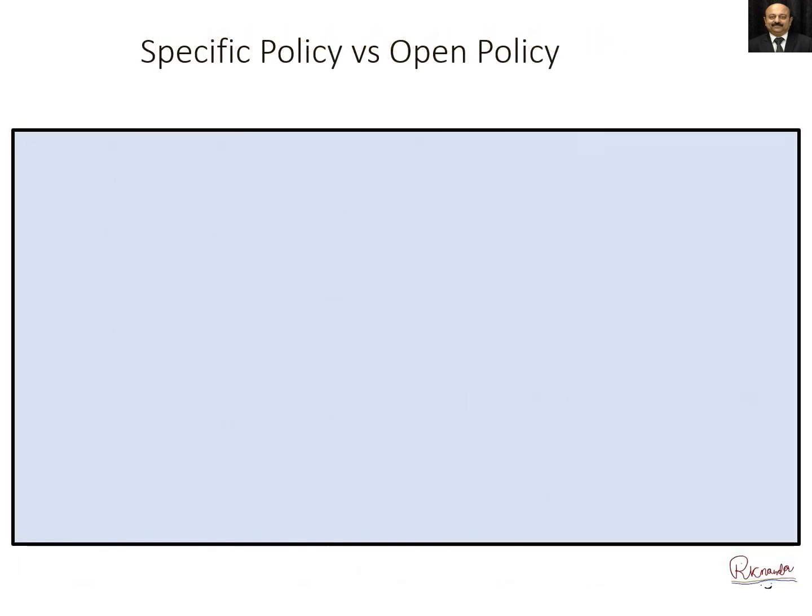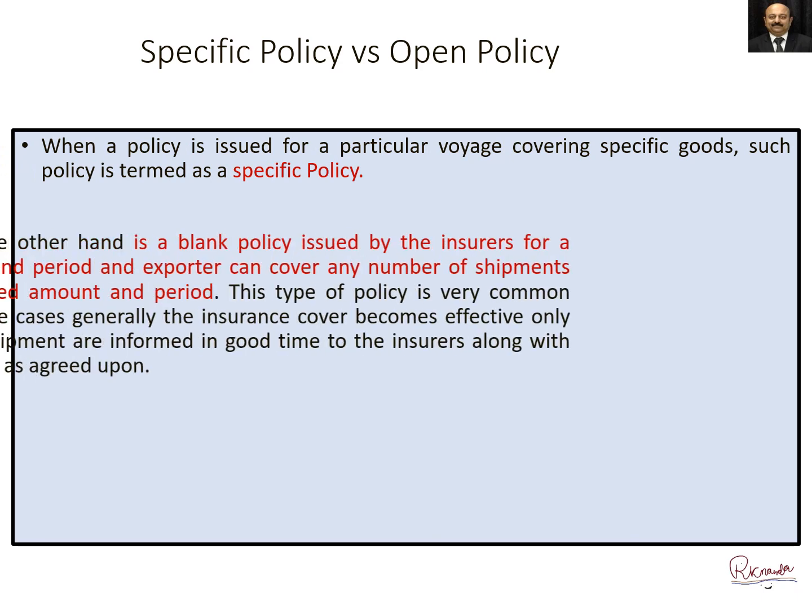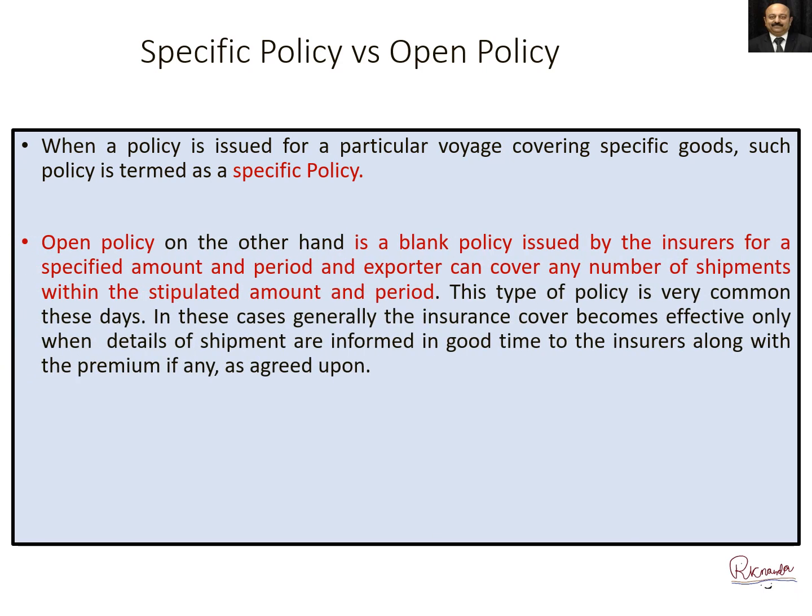There are two policies. One is a specific policy and the second is the open policy. A specific policy is the one which is taken for a specific voyage and for specific goods. And an open policy is, suppose there is an exporter who knows that he's going to have target exports of 10 crores this year.